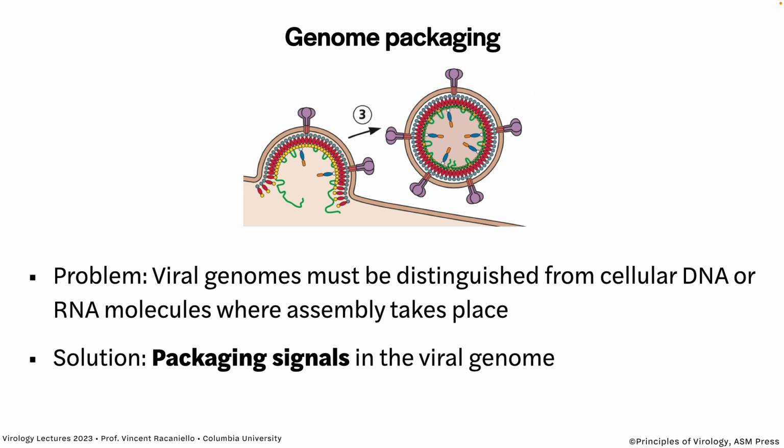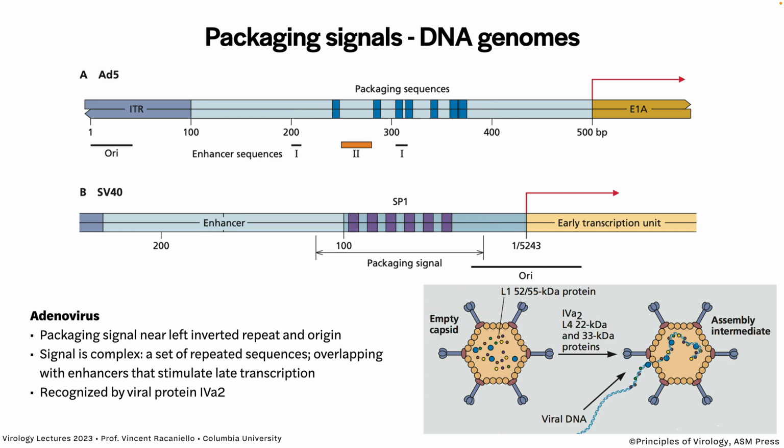These are some DNA packaging signals. So adenovirus on the top, SV40 on the bottom. So adenovirus, here's the left end of the genome. And there's one of the origins of replication. And you may remember there's an early region 1A promoter here very close to the left end.